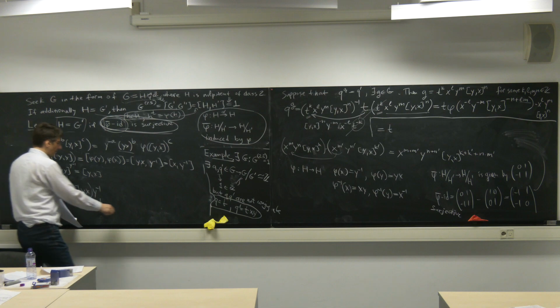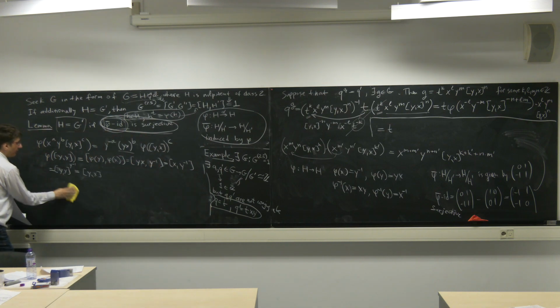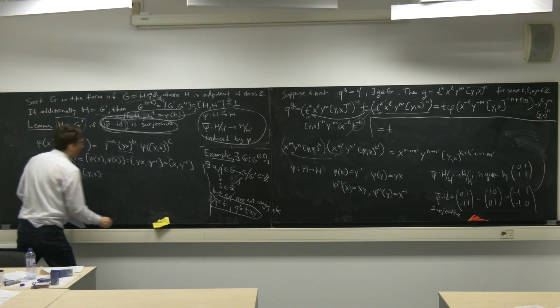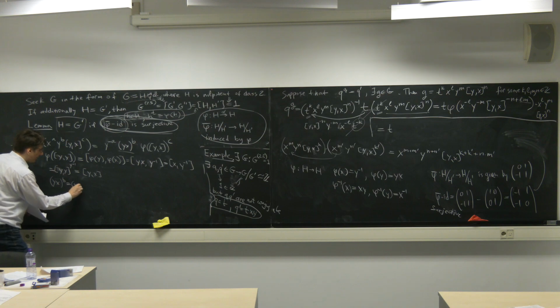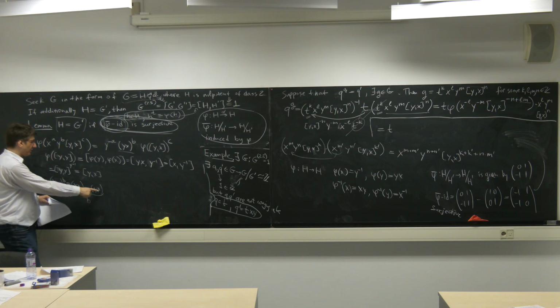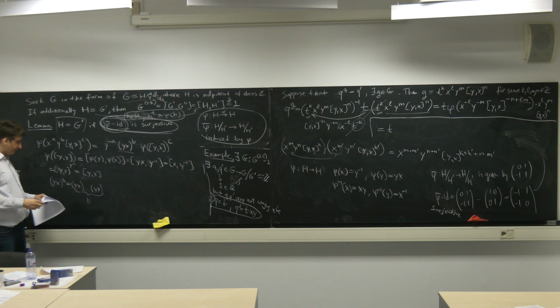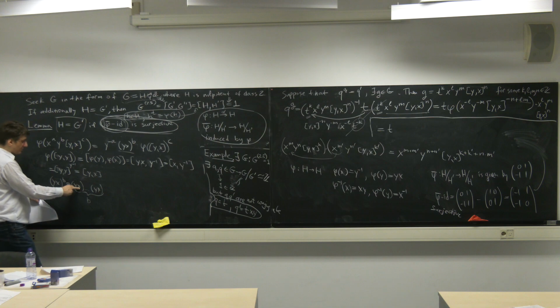Okay, so we found phi of the commutator, and we also need to find this yx to the power b. So this is yx to the b times, and we want to bring all x's to the left. So when we bring the first x to the left, we have to permute it with one y.